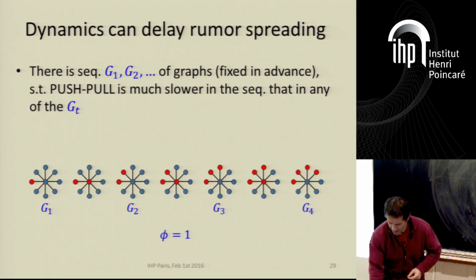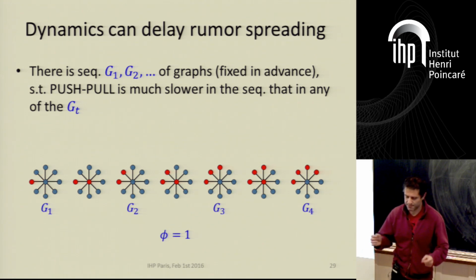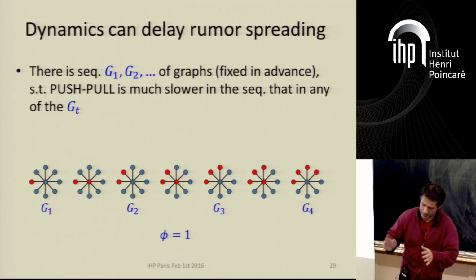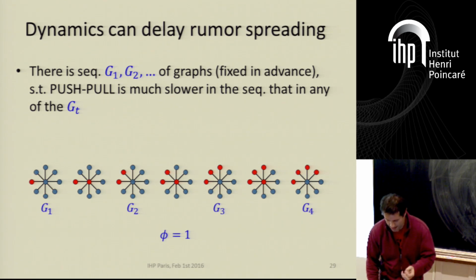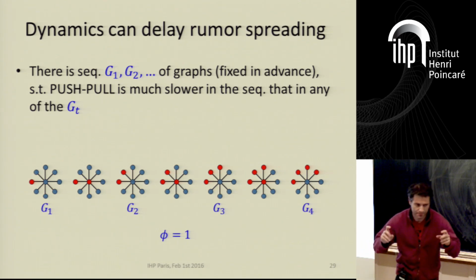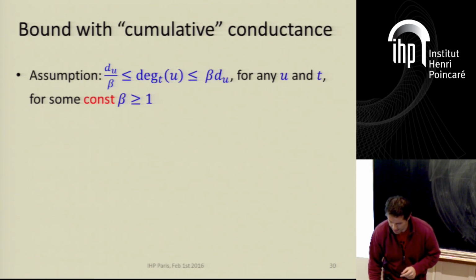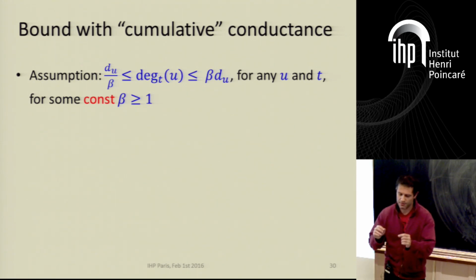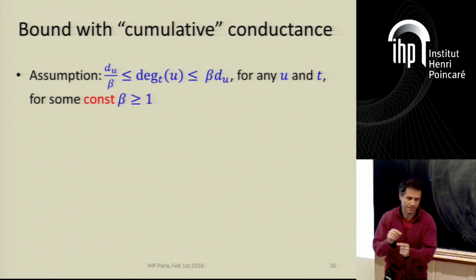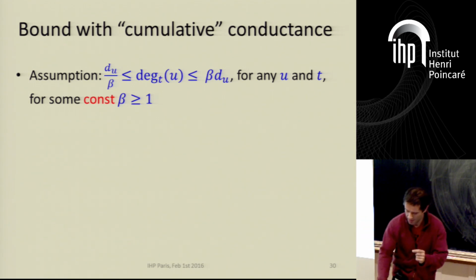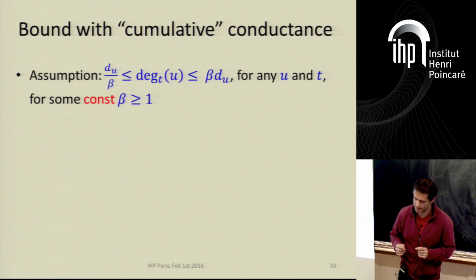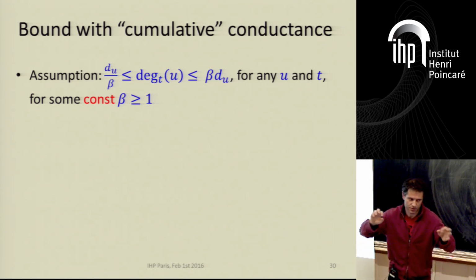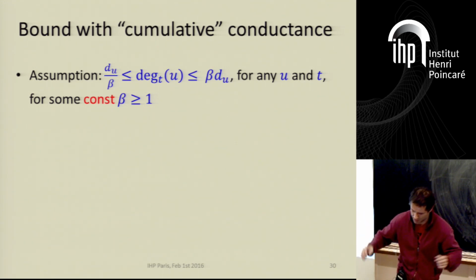And we also showed that if this is not the case, if the degree changes only slightly, then we have a similar type of bounds in terms of some notion of cumulative conductance. Okay, so here is the bound. This is the assumption that I told you. The degree of a given node changes by at most a factor of beta throughout the protocol. This beta we assume to be constant. Note that we don't make any assumption about the degrees of different nodes. They may be very different, so the graph does not need to be regular.